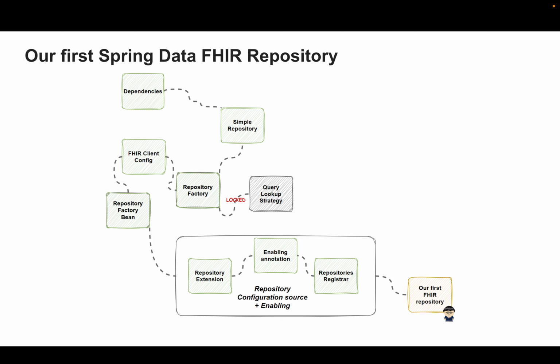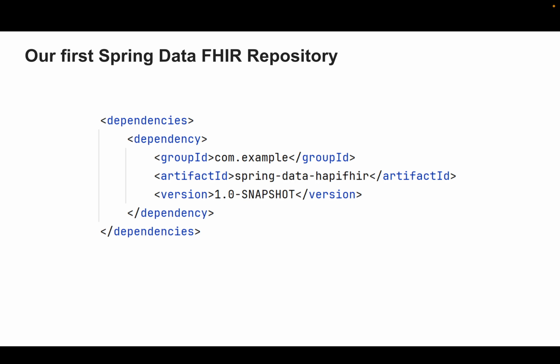Well, we have successfully implemented all the steps needed to provide the basic functionality. Now let's suppose we finished our implementation, built our jar, and named it somehow. How will our clients be able to start using it? They need to add the dependency to our library.